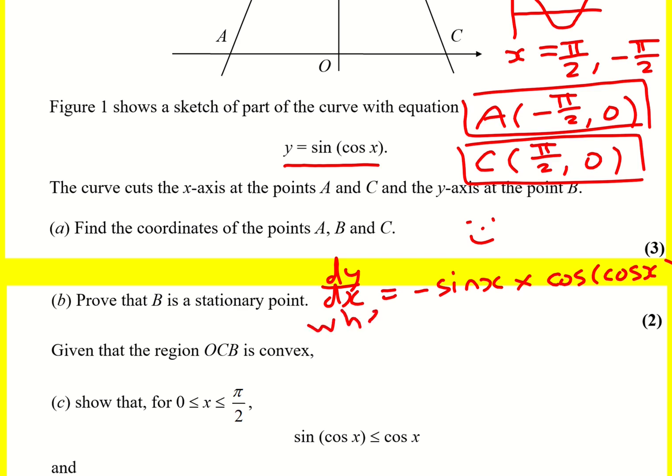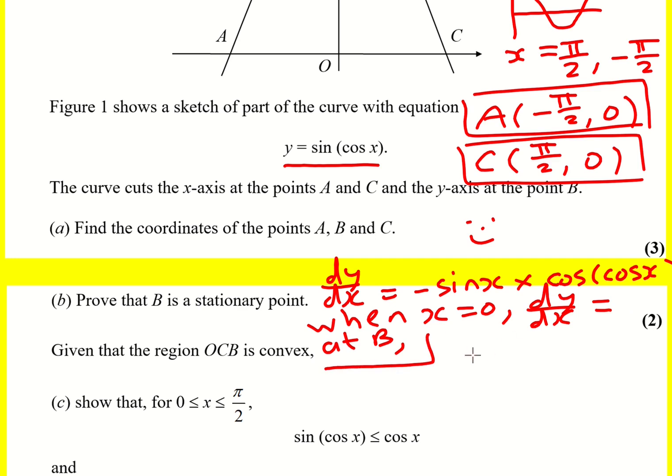So when x equals 0, dy by dx, I should probably say at b, is therefore equal to 0 because it's minus sine 0. You could argue that because it's a proof question, I should show a bit more working, so let's go for that.